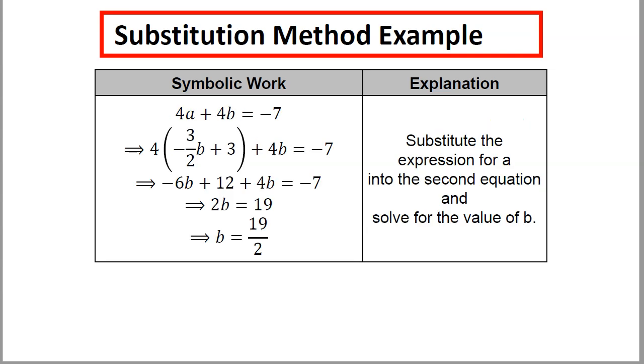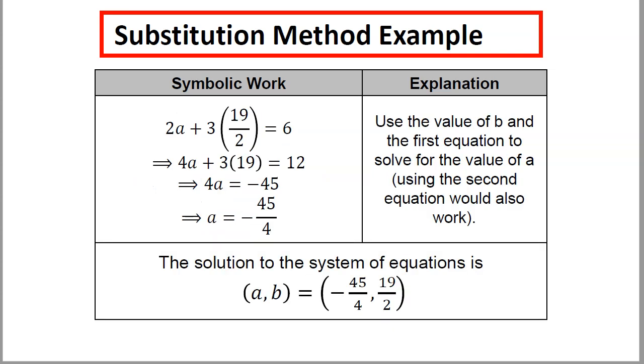Then we use the second equation and substitute this expression for A into that equation and solve for B. Our second equation is 4A plus 4B equals -7. And when we substitute the expression for A, -3/2 B plus 3, into that equation, we solve and find that B equals 19/2.